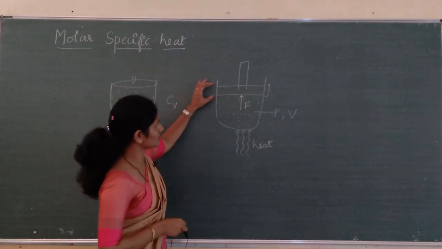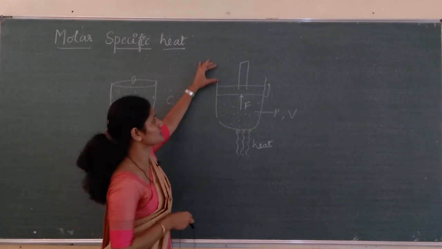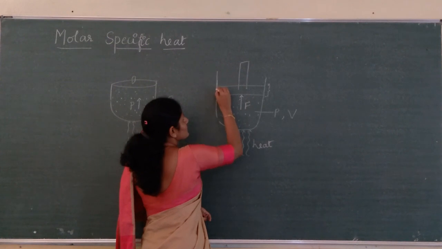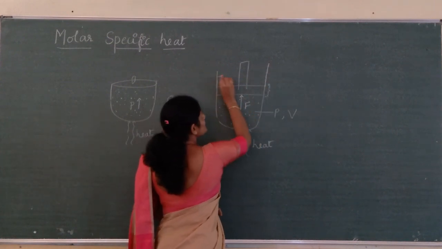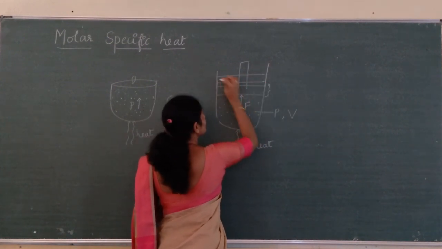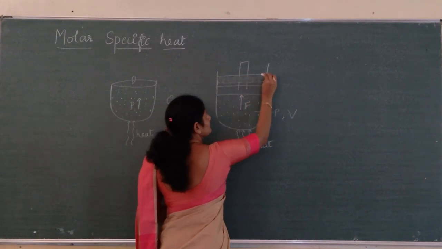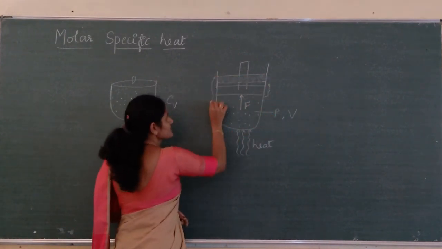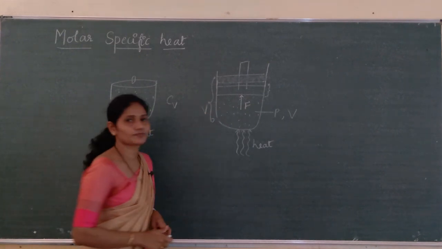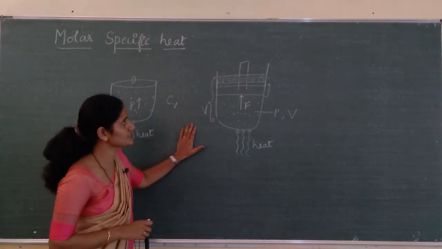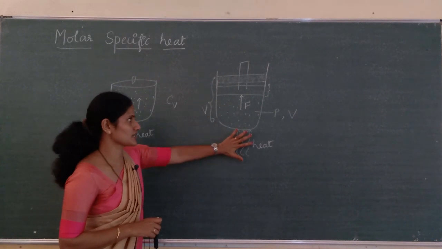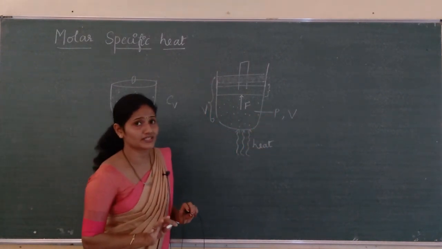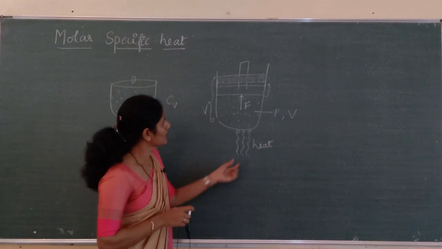As the piston displaces from its original position, volume of the system changes. So, the piston comes here. So, this is the original volume and this is the new volume of the system. What we observe here is volume of the system changes, but the pressure inside the system remains constant.